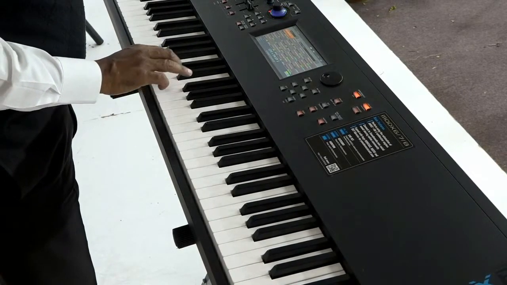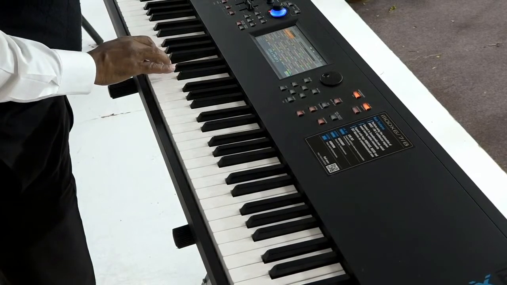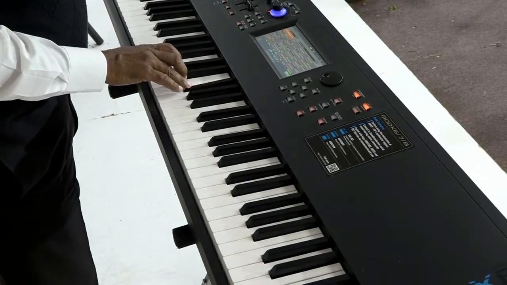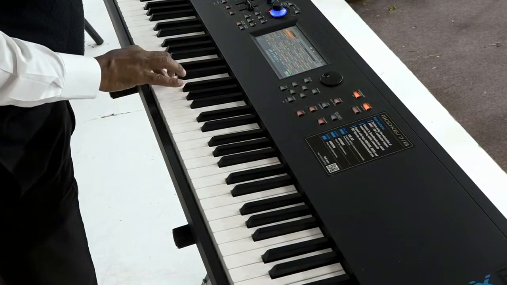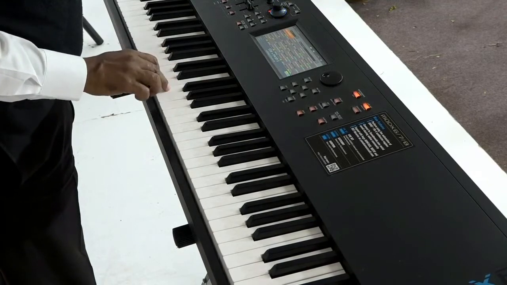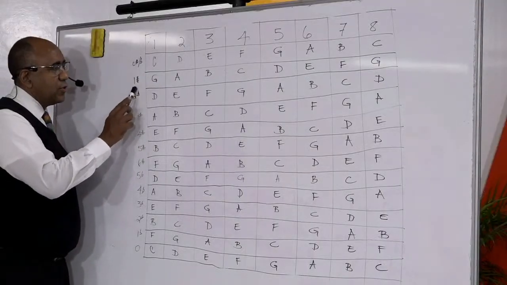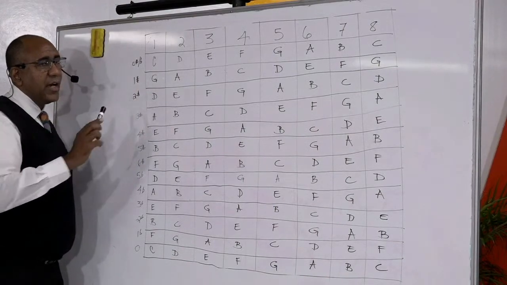So I have to change it. Let's try the black note here and see if it makes a difference. Good. So what we do is change F to F sharp. That's where we have this notation here that G has 1 sharp.